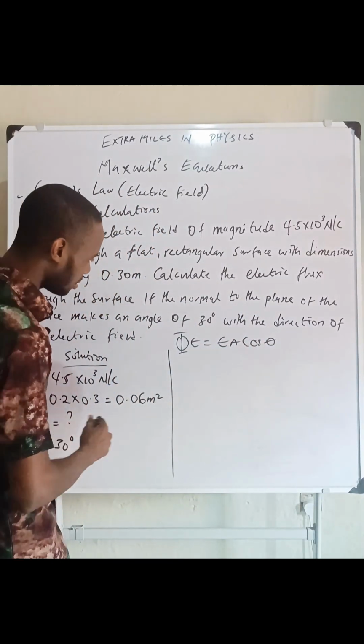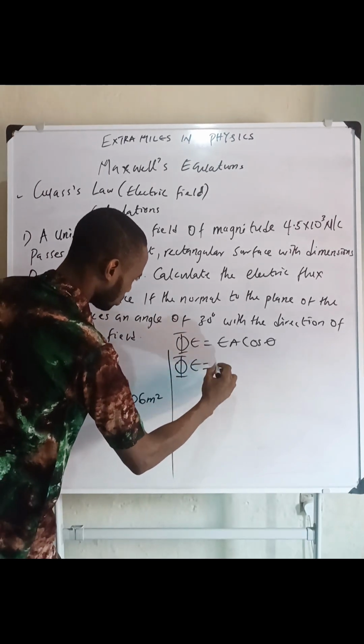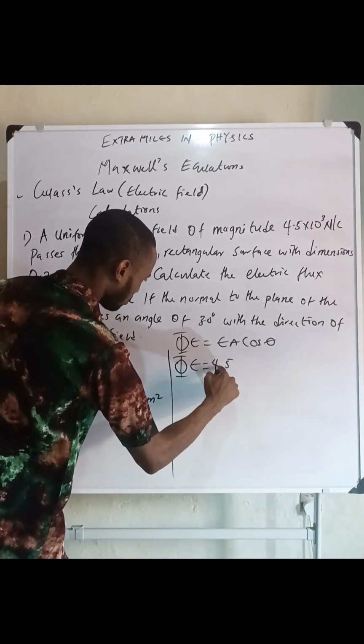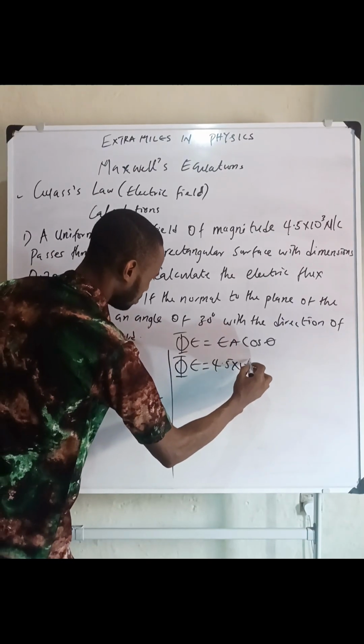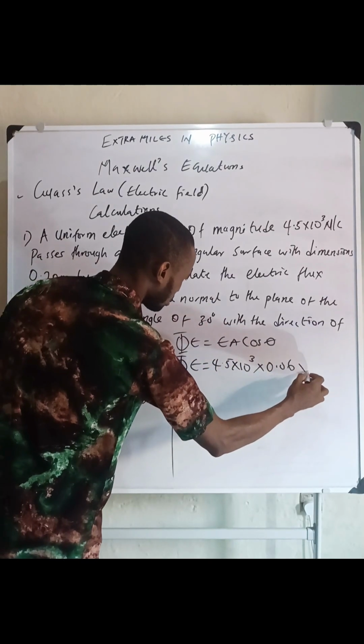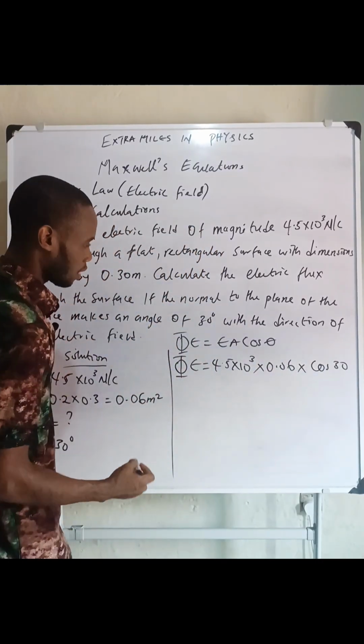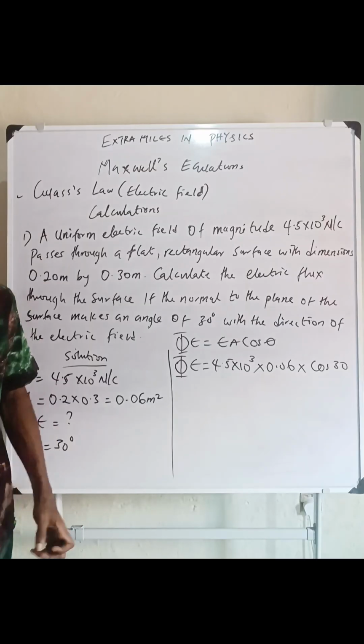So when we put in our parameters here, we'll be having the electric flux equals 4.5 times 10 raised to power 3 times area 0.06 times cos 30. So we can use a calculator to do that.